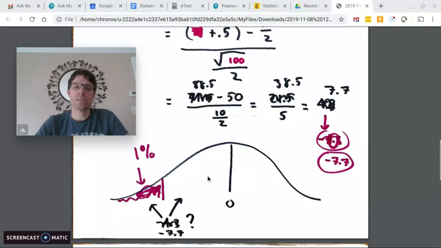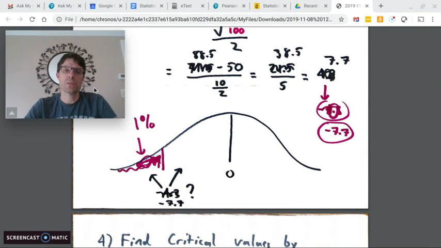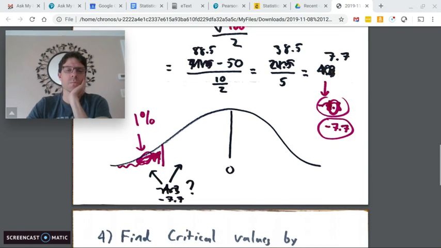Okay. So here's the question, right? I'm interested in this area of 1% on the left side of the curve, and I don't know this critical value here. Is this test statistic to the left in the red, the most extreme 1% on the left side, or is it in not the least extreme on the left side areas?